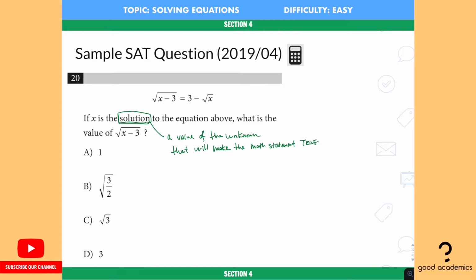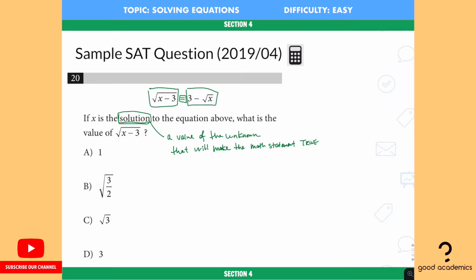So what kind of value of x would make this statement true? Well, you want to make sure that the x value being put in here is equal to the value on the right hand side. That will make the statement true.